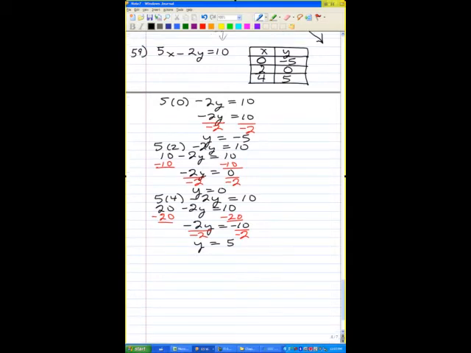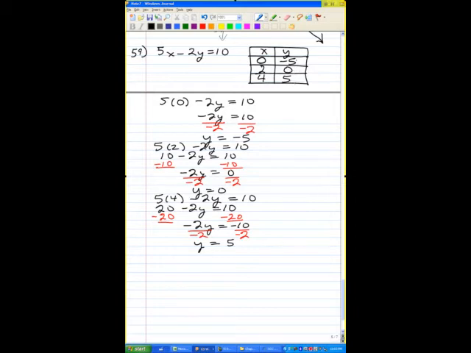Okay, and so now I can graph this. So unfortunately, these are just about the closest x's and y's you can get because you're multiplying by a 2 and a 5. So once you find the integer values, the only integer values for x are going to be 2 apart from these. The only integer values for y are going to be 5 apart. So there's not a lot of choices here.